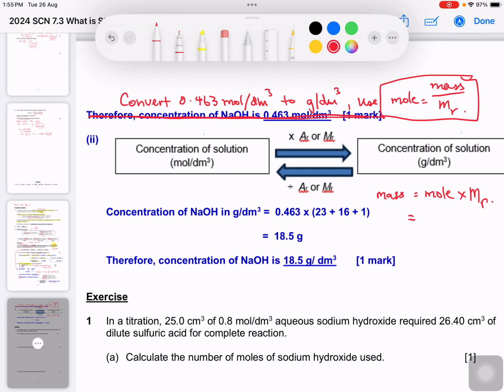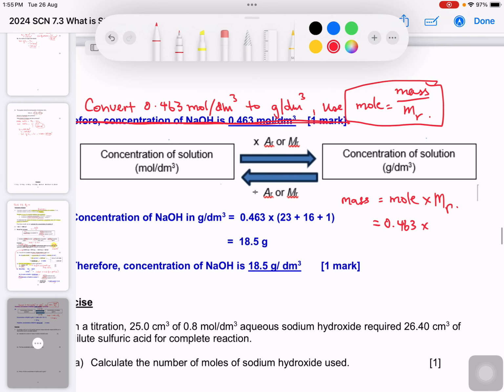So the mole is 0.463, okay, times the Mr for NaOH will be equals to 23 plus 16 plus 1. That will be 40. So it will be 0.463 times 40.